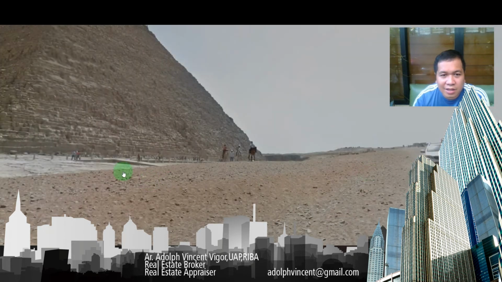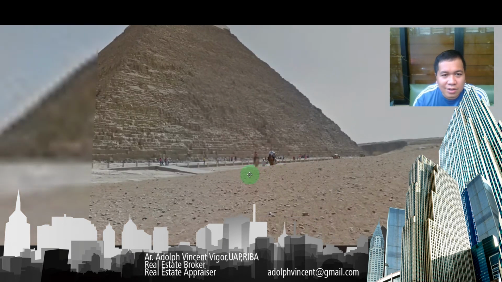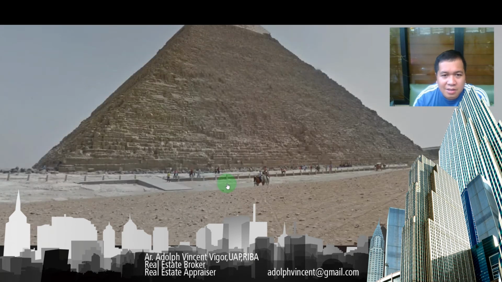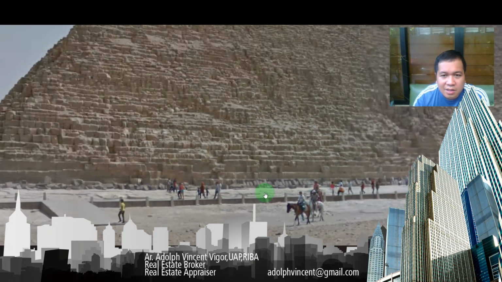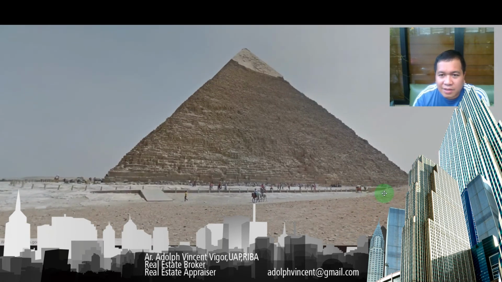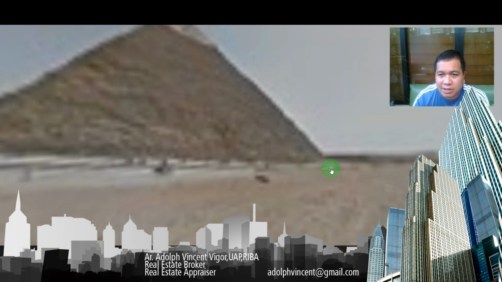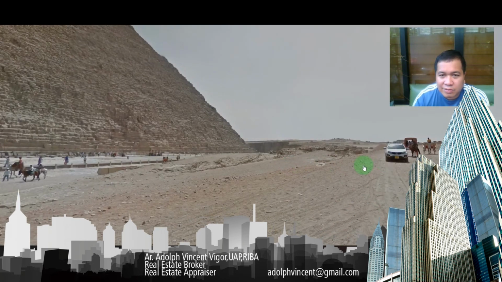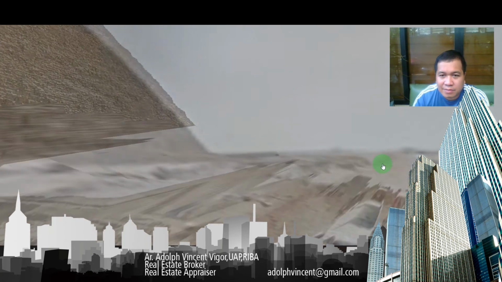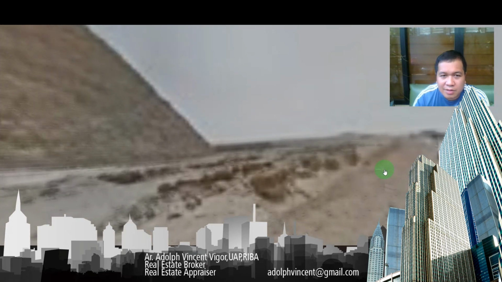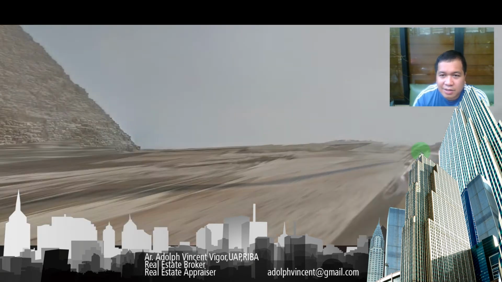Let's just enjoy the tour. This is a great view of the pyramid. So if you can see, some of the rocks are eroded now, but in the past, this could have been some very precise geometric figure. Which is awesome. Okay, let's go here. Let's follow the road.